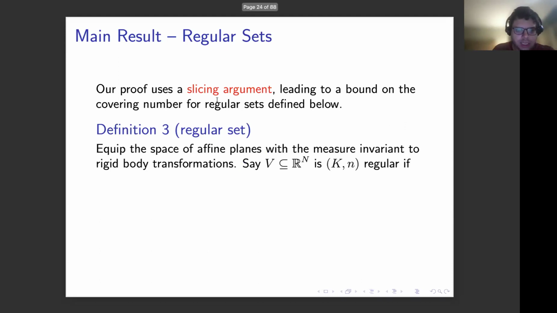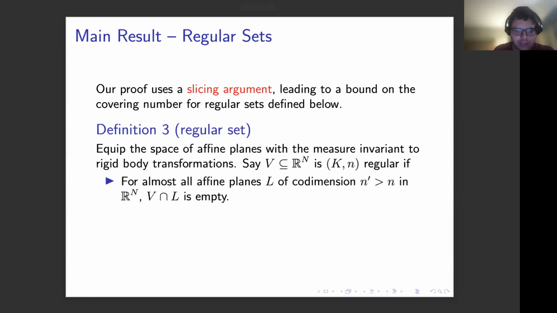Okay, so a set V in R^N is going to be (K, n)-regular if for almost all affine planes L of codimension strictly more than n, V intersected with L is empty.